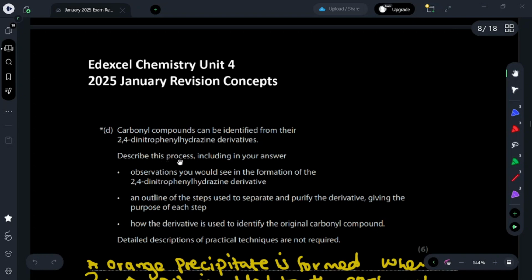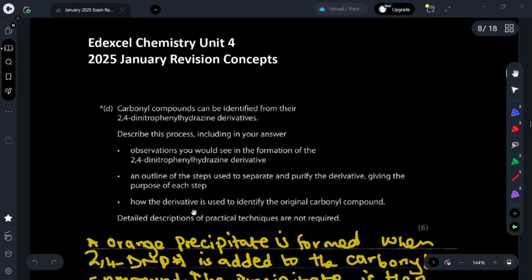Describe this process, including in your answer observations you would see in the formation of the 2,4-dinitrophenylhydrazine derivative, an outline of the steps used to separate and purify the derivative, giving the purpose of each step, and how the derivative is used to identify the original carbonyl compound. Detailed descriptions of practical techniques are not required. You have the instructions. Let's go.